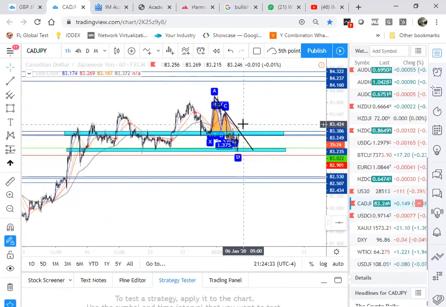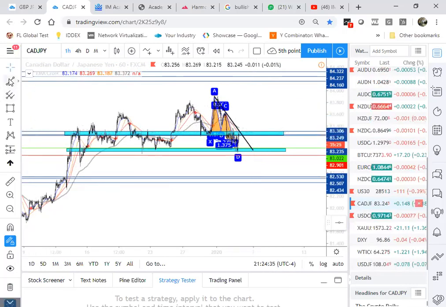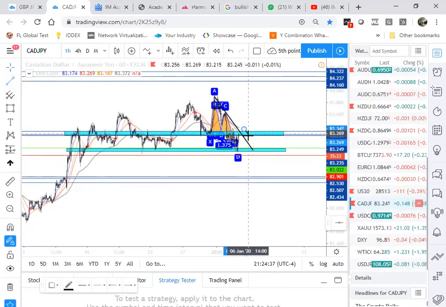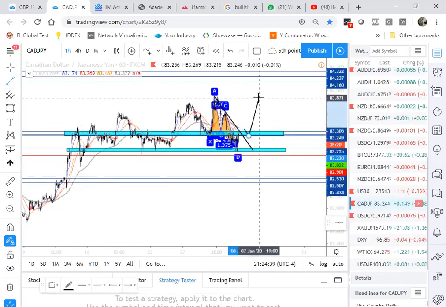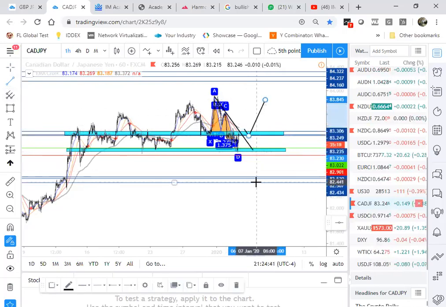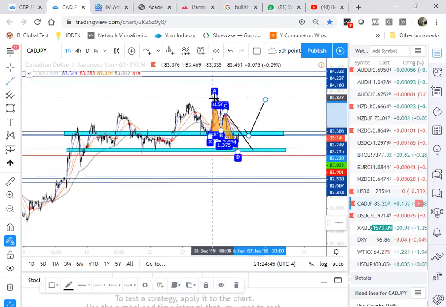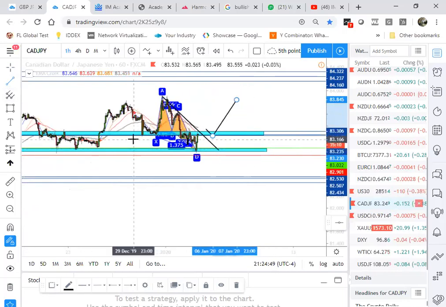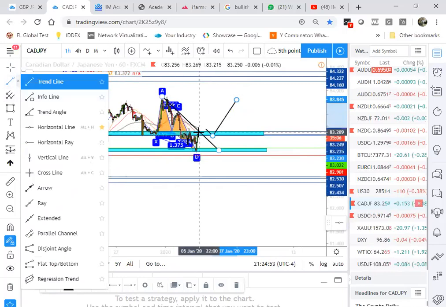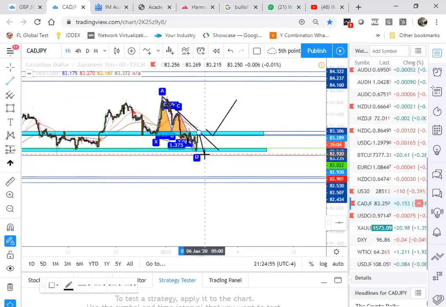So if price breaks above this zone, it's highly likely it's going to go at least to take profit 3, right? If it fails to pass this trend line, right, then even if it fails and it goes to balance, it has to pass this zone.